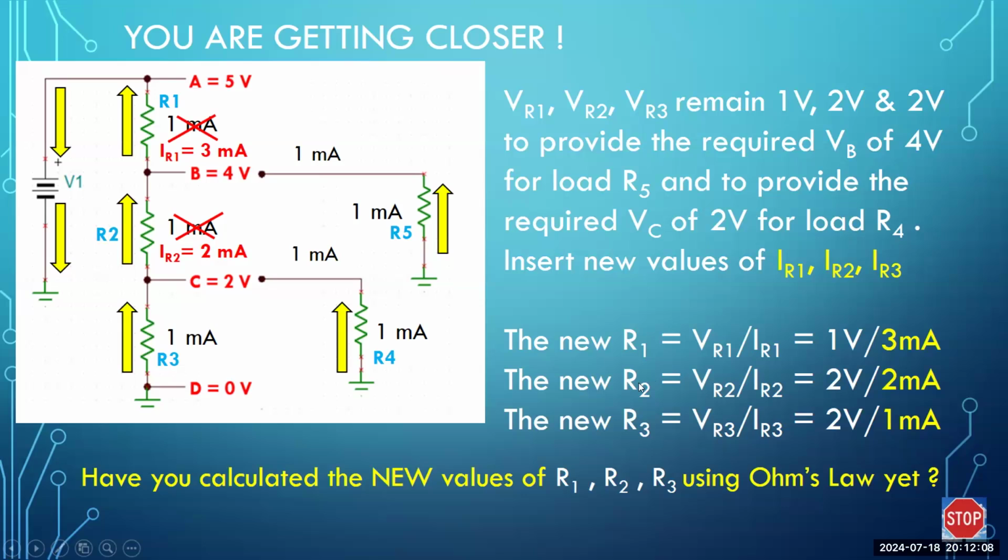The new resistance R2 is calculated as voltage across R2, which was 2 volts, it still remains 2 volts, divided by the new current, no longer 1 milliamp, but the new current we determined was 2 milliamps. And then the resistance of R3, again using Ohm's law, must be the voltage across R3, which is 2 volts, divided by the current of R3, which is 1 milliamp.